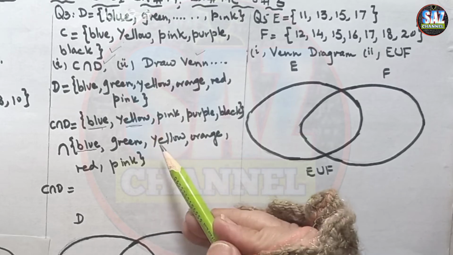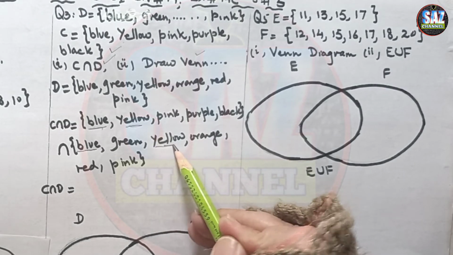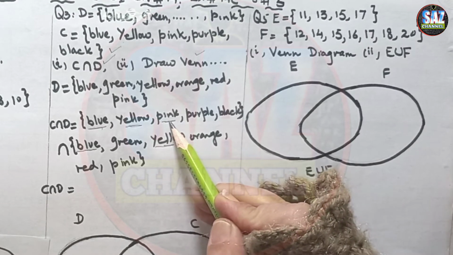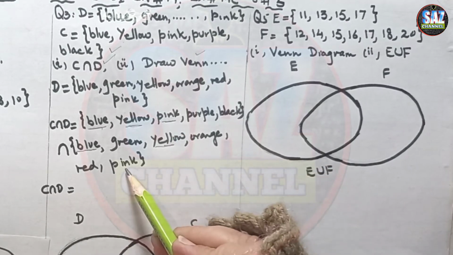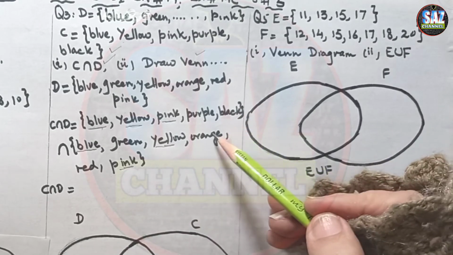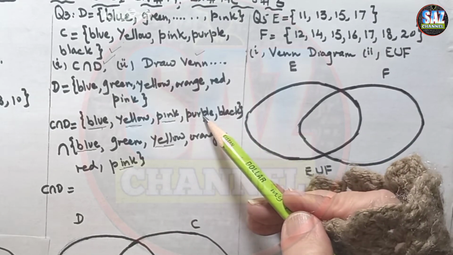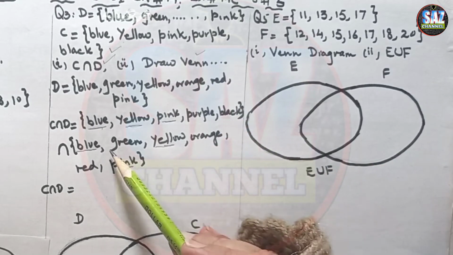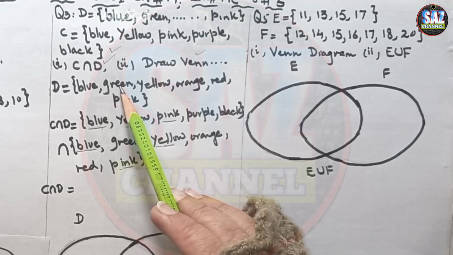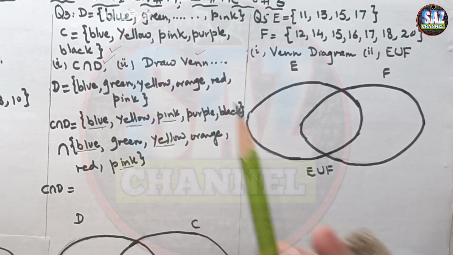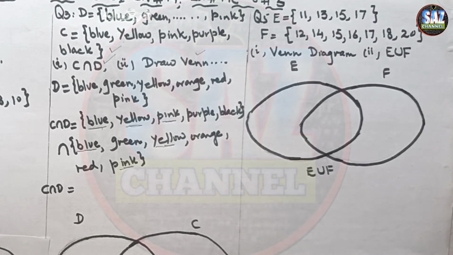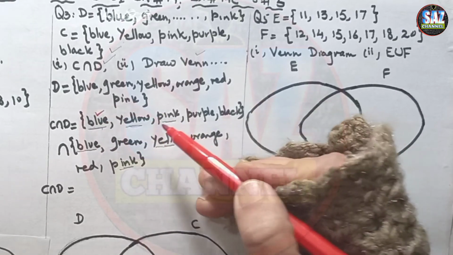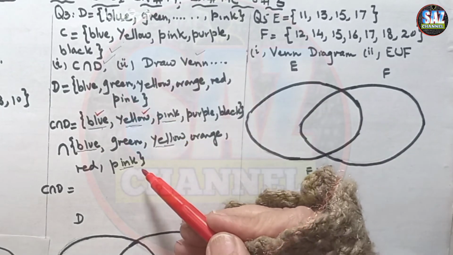Then yellow is present at both the places, and then pink, the third color in set C, is also in D. Purple and black are not coming in set D. So the answer for C intersection D will be blue, yellow, and pink.